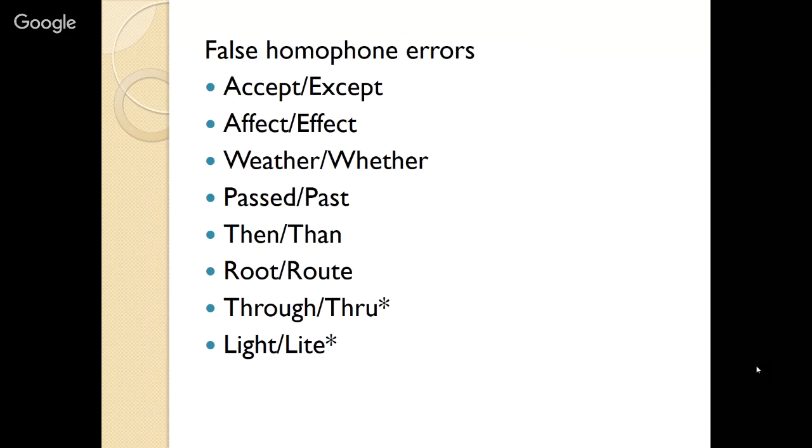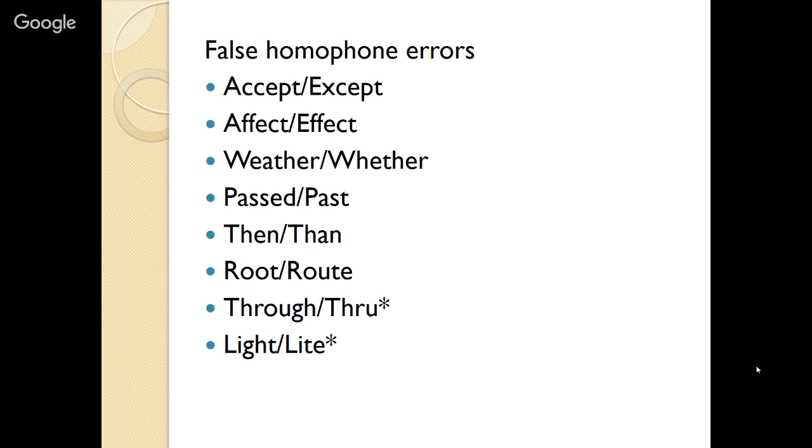Okay. False homophone errors. So these are words that technically are not pronounced in the same way, but we get a little lazy with our pronunciation, and so we do pronounce them in the same way, which ends up causing confusion. So accept and except, the first form means to take in, the second form means to leave out.